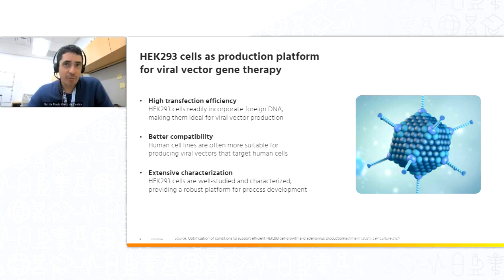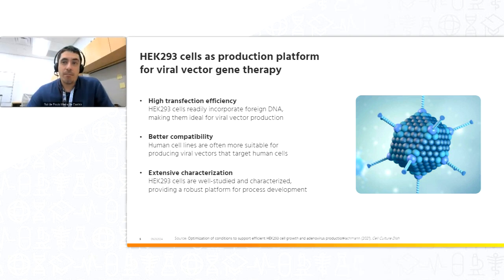And we have a lot of reasons to use HEK293 cells. We can say that they are well characterized for this application, and there is a lot of knowledge in the literature and among scientists and companies about how to do the transfection.